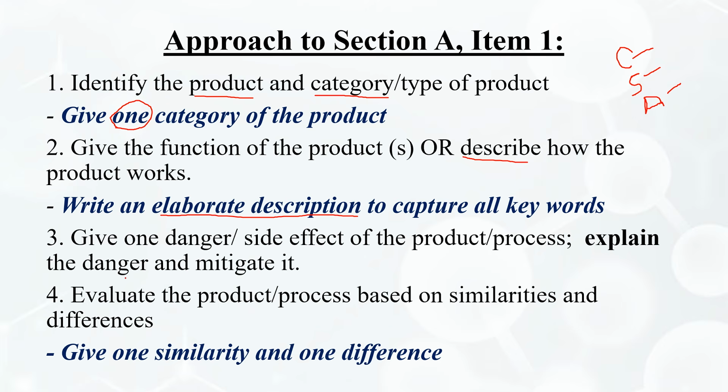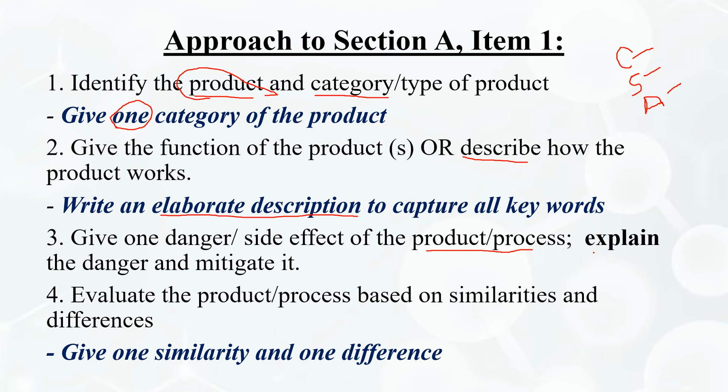Number 3, give one danger or side effect of the product. Now, the product we're talking about is the one we mentioned right away in number 1. If I've identified the product in number 1, it is the one we keep on talking about even in number 3. Here, give one danger or side effect of the product or process.